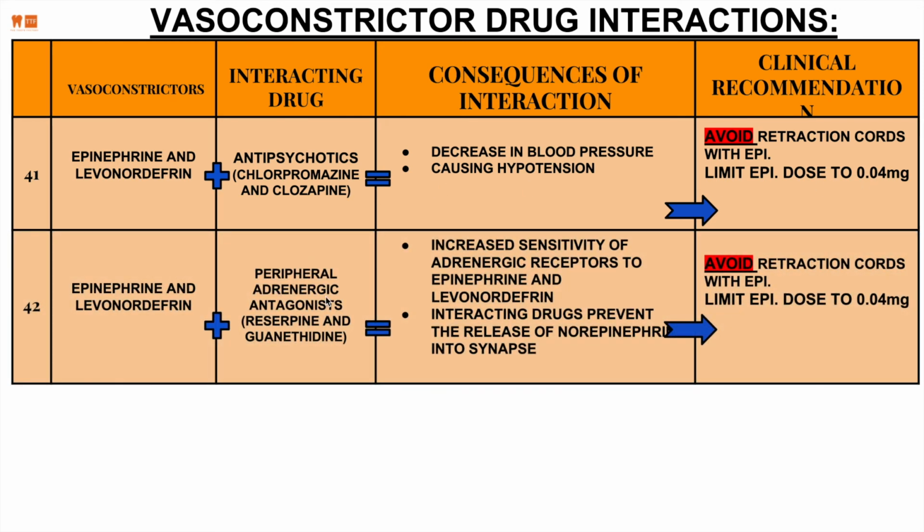Epinephrine with the peripheral adrenergic antagonists, such as reserpine and guanethidine. Now, reserpine and guanethidine mixed with epinephrine leads to increased sensitivity of adrenergic receptors to epinephrine. Interacting drugs prevent the release of norepinephrine into synapse. What does that mean? Well, the role of these two drugs is to prevent the release of norepinephrine. That's the function of them.